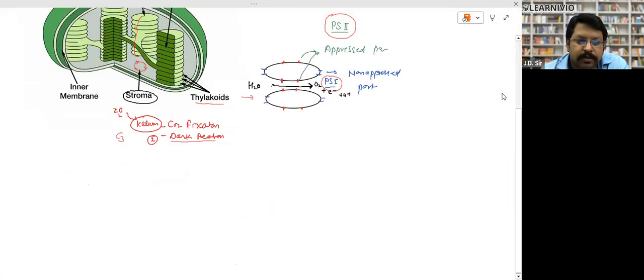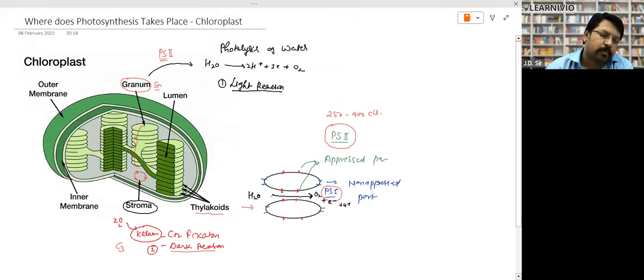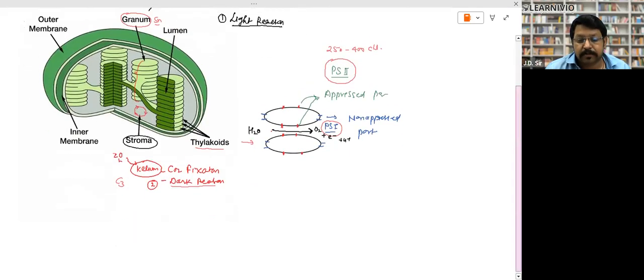Now, where does photosynthesis take place? I will discuss the structure of the chloroplast once more in cell biology as well. Here we will discuss only those aspects which are important for photosynthesis. These are the chloroplasts. Now, where are chloroplasts found?